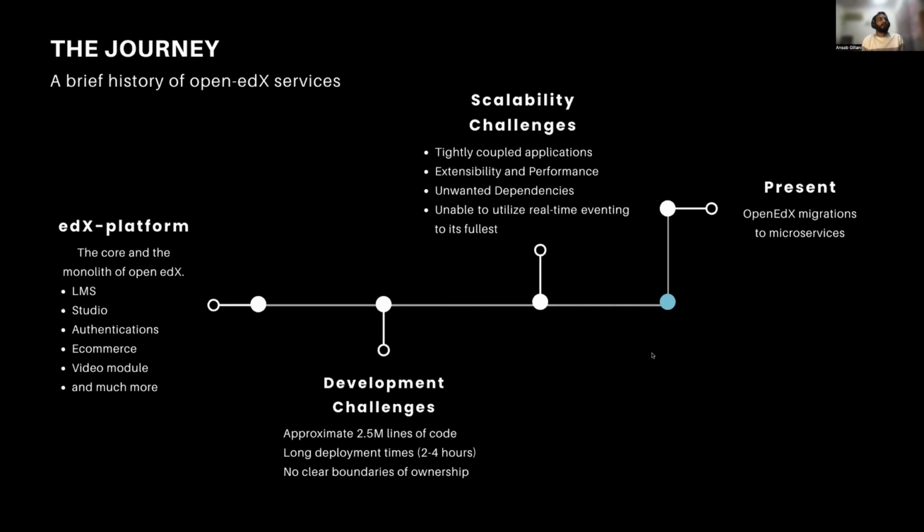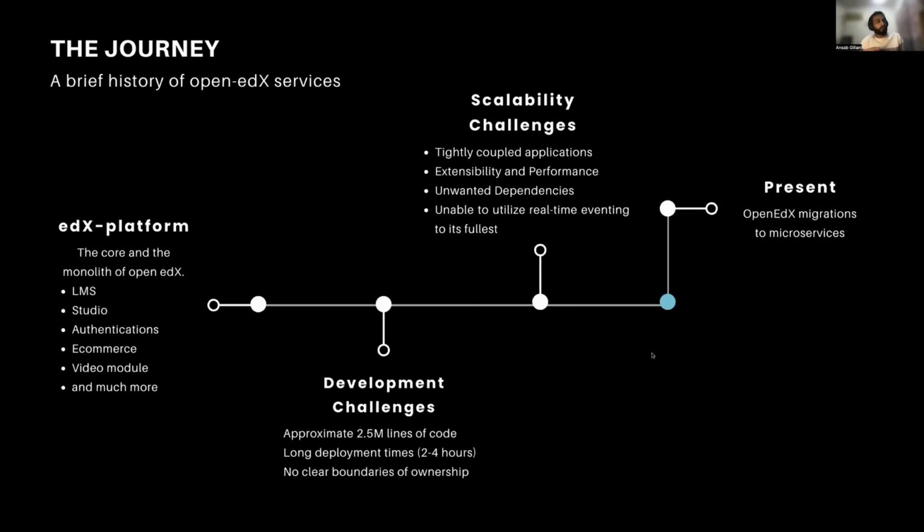Finally, there were scalability challenges. We saw that we couldn't build something new without breaking everything. Every application was tightly coupled. Performance was damaged. There were dependencies that we didn't want, and they were still there, affecting the whole application. We couldn't utilize real-time eventing.